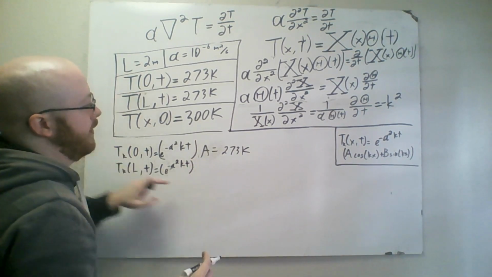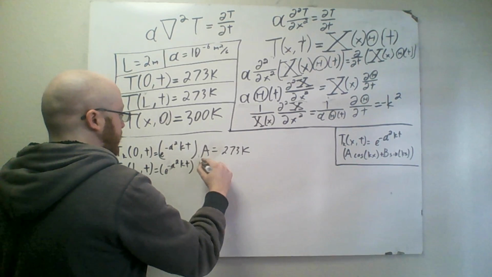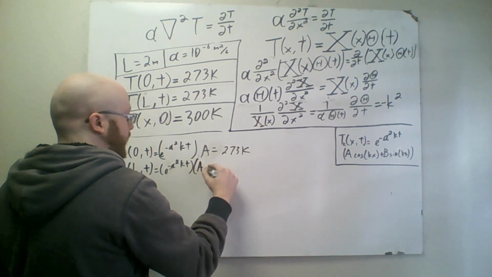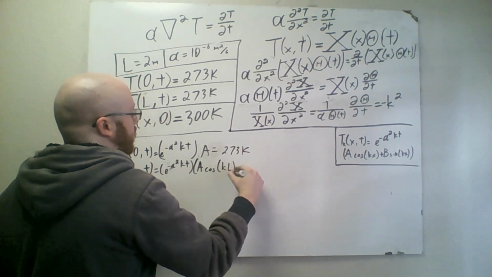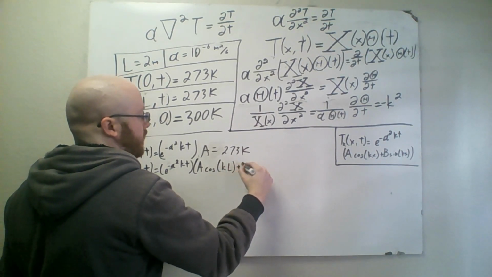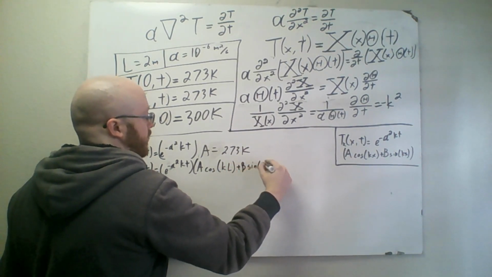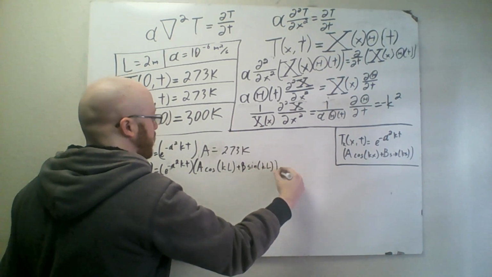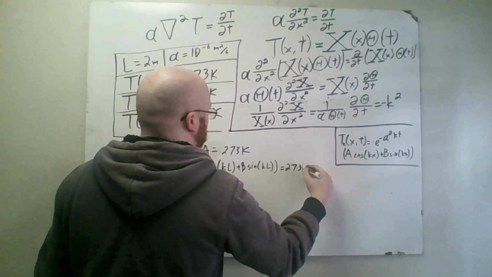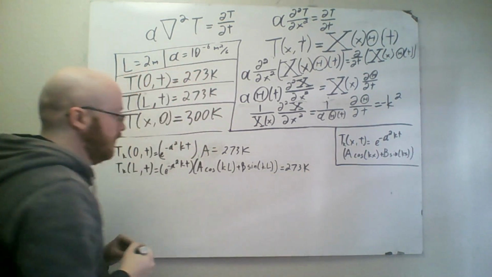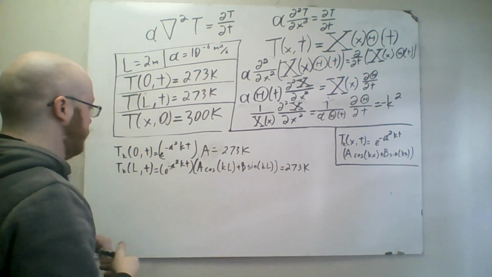And now when we plug in L, we end up getting A cosine kL plus B sine kL is 273.